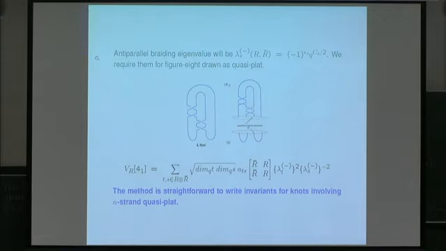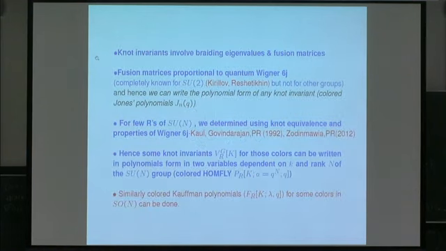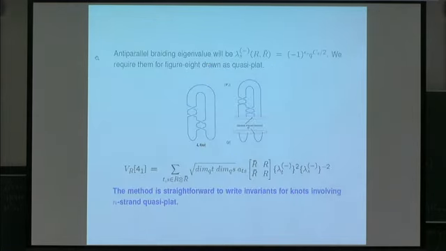Okay. So this method is very, very systematic, and you can extend this in writing the invariant formally for any quasi-plat of an n strand braid. So what is the sum total of what I have said here? The knot invariant which you obtain here involves braiding eigenvalues, and the braiding eigenvalues are known.